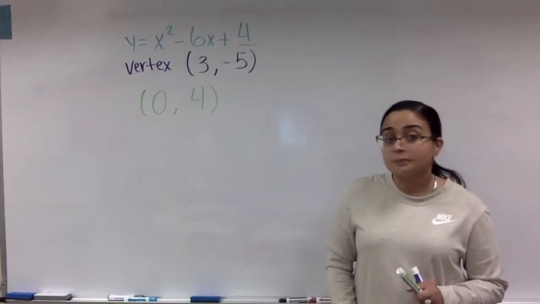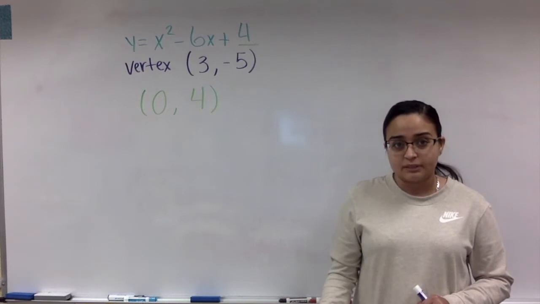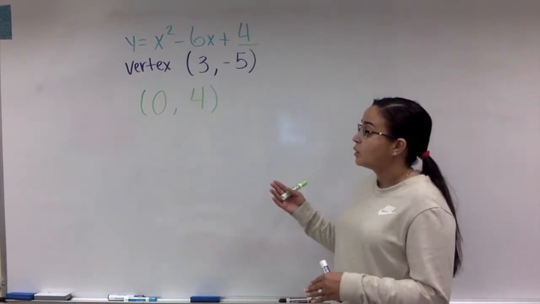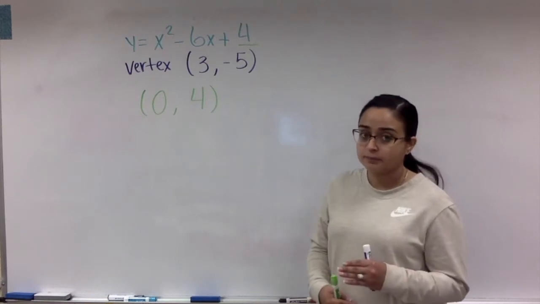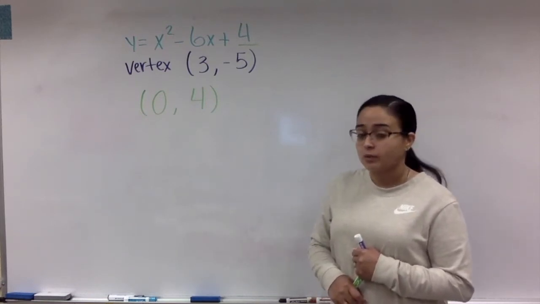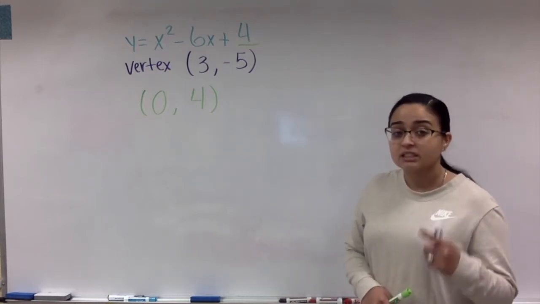Now what we're going to be doing is finding our second point. What we're going to do is choose a number. And there's actually no right or wrong answer as to what number you choose, but there is a rule.